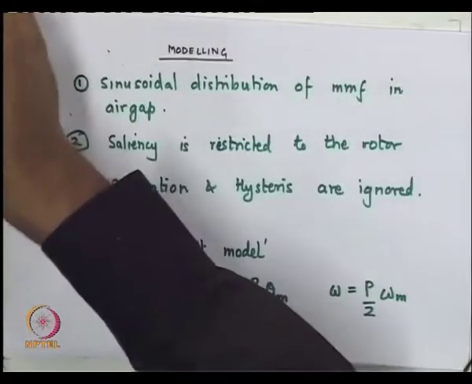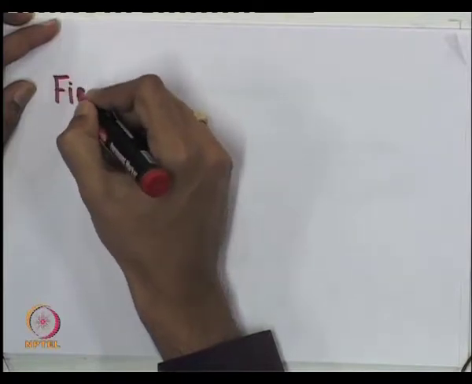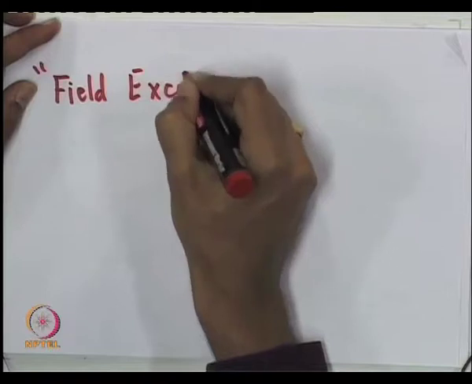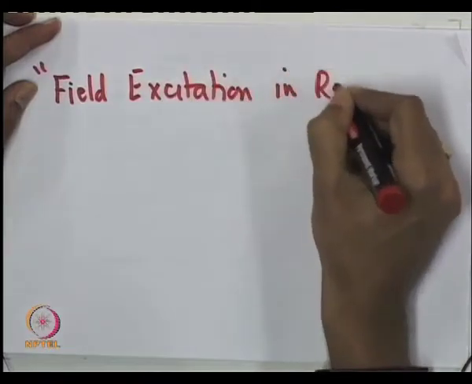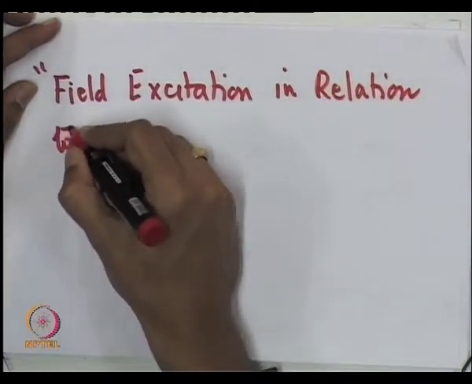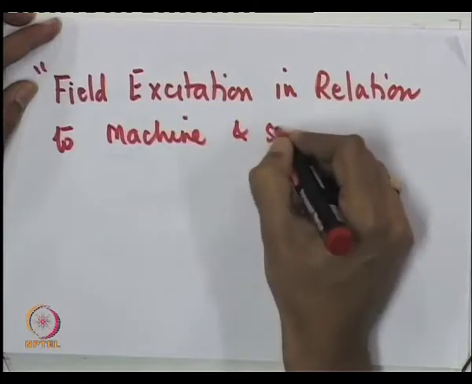I will just write down this reference for you. If you are interested in knowing the effect of all these limits, I refer you to this: Field excitation in relation to machine and system operation.